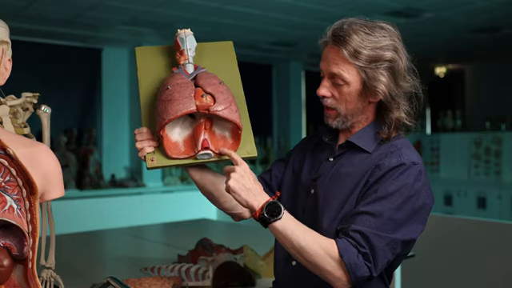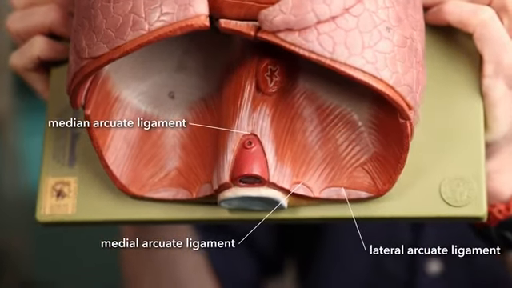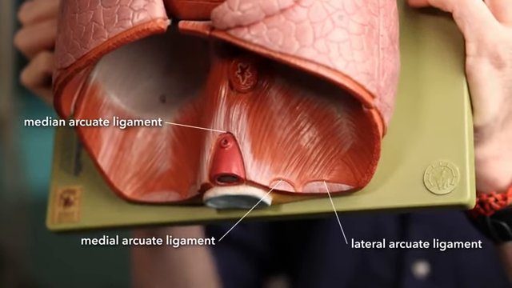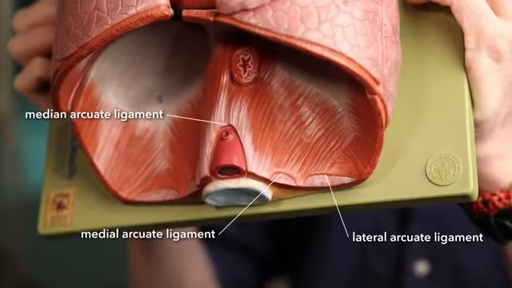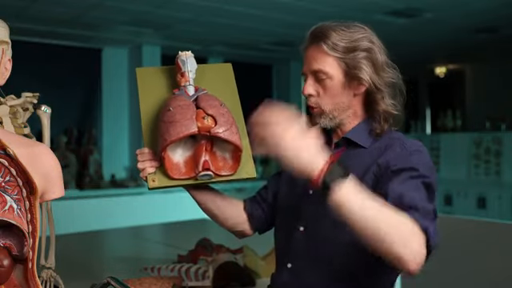Then we see an arch here and an arch here. That's the medial arcuate ligament and that's the lateral arcuate ligament. These are not terribly important, but I've described the anatomy, so I've cleared up the confusion. You know what they are.